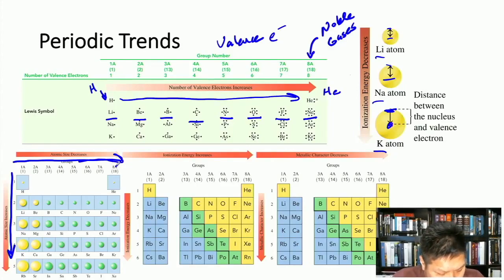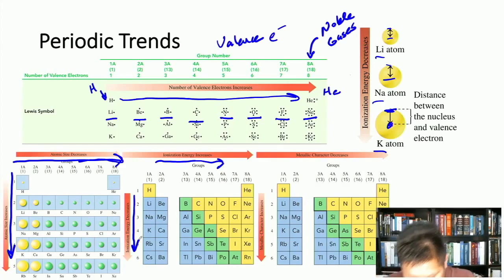The next periodic trend to talk about is the ionization energy. As you go to the right of the periodic table, the ionization energy increases. And as you go down the periodic table, the ionization energy decreases. So what does that mean? Well, what is ionization energy? Ionization energy is the energy required to basically rip an electron from an atom.